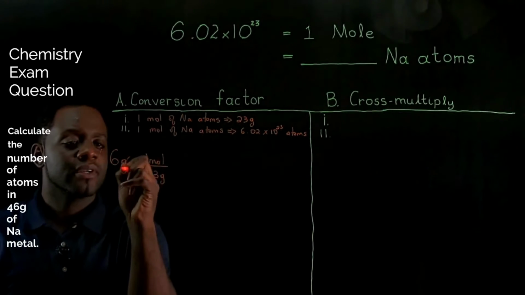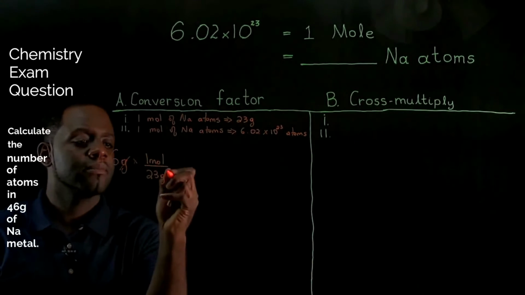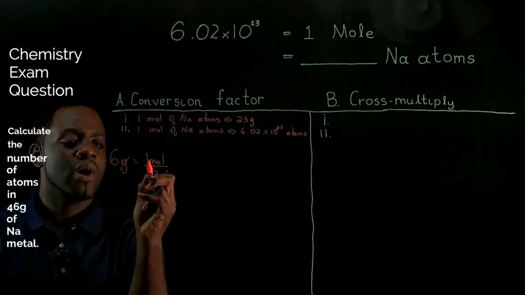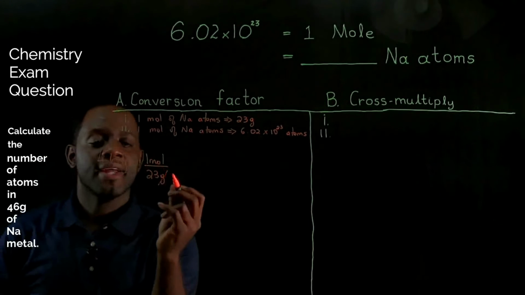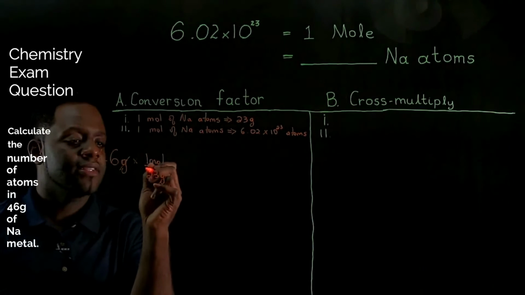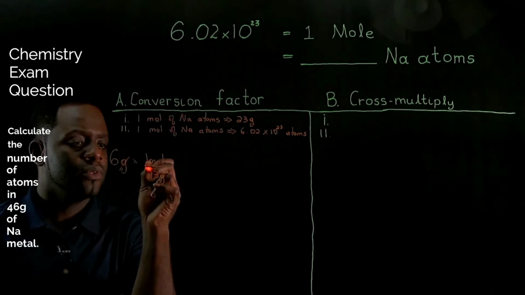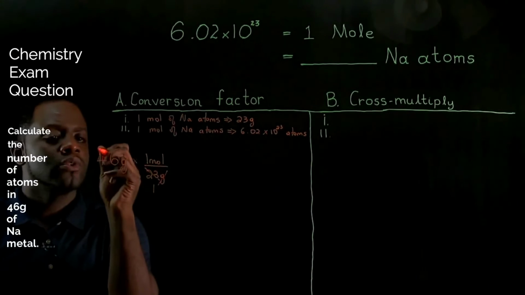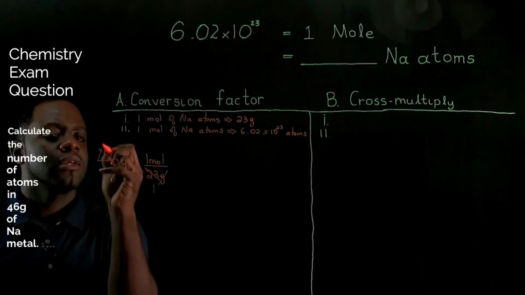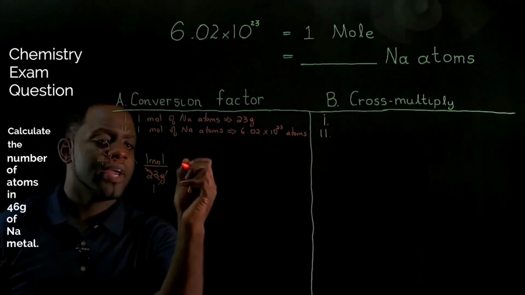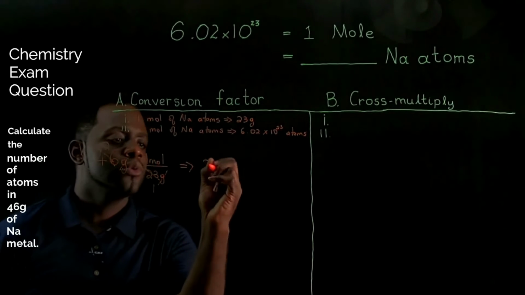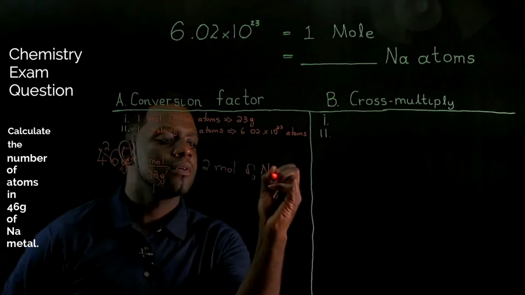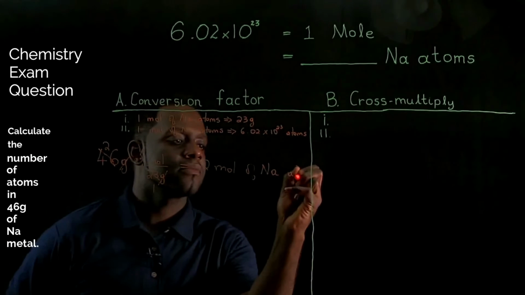So let's do some work. So this gram cancels that one. 46 times 1 is 46, and we can even cancel here. So 23 into itself is 1, 23 into 46 is 2, and so our answer is 2 moles of sodium atoms.